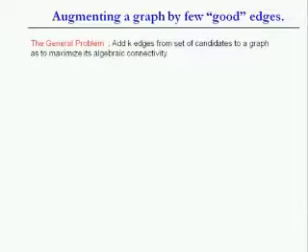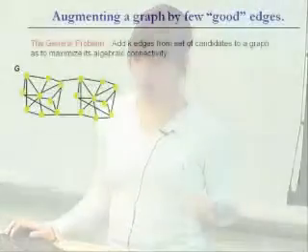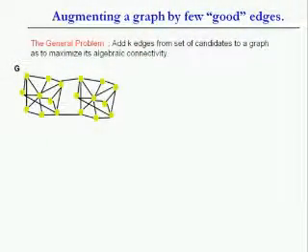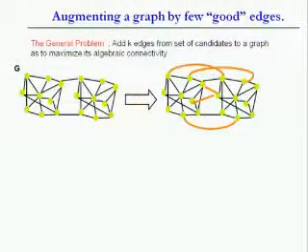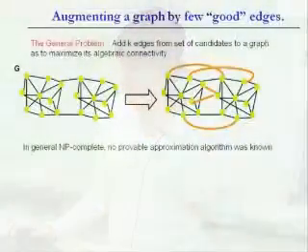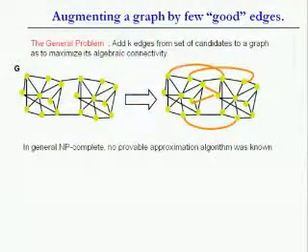You're given a parameter k, and you're asked to find k edges from a set of candidate edges to maximize its algebraic connectivity. We have this graph, and the optimal solution has these orange edges, and say this gives maximal algebraic connectivity. In general, that's an NP-hard problem, and no provable approximation algorithm was known before our work. There are a lot of heuristics, but nothing with a guarantee.